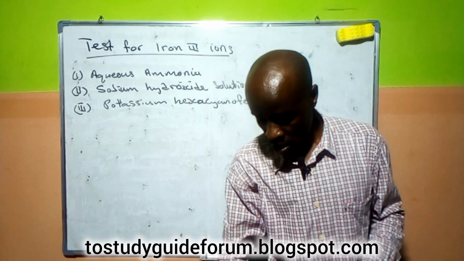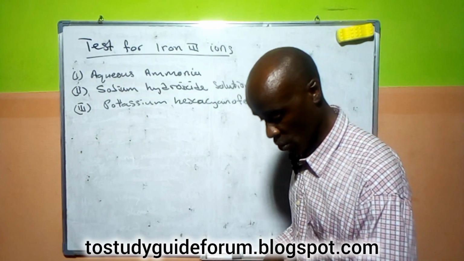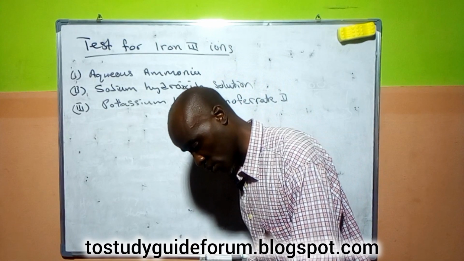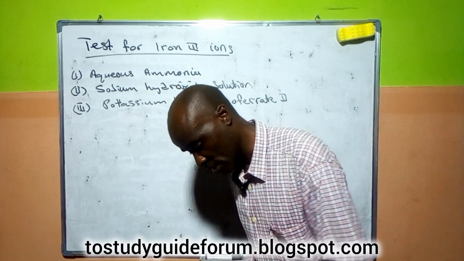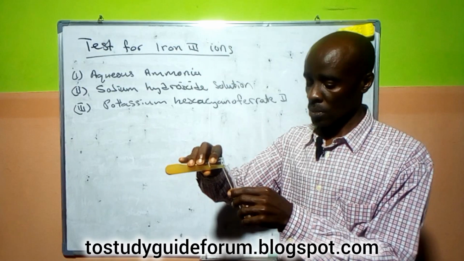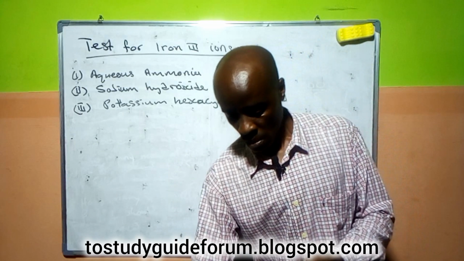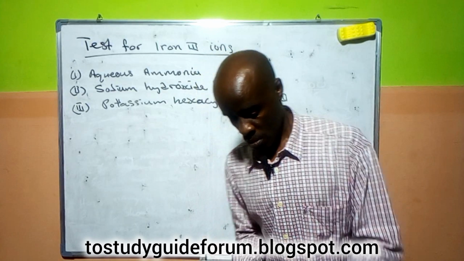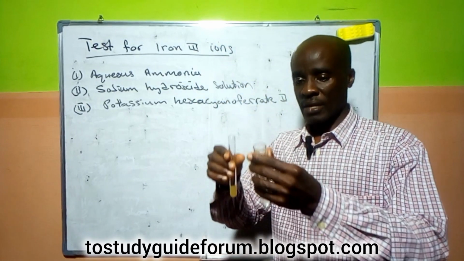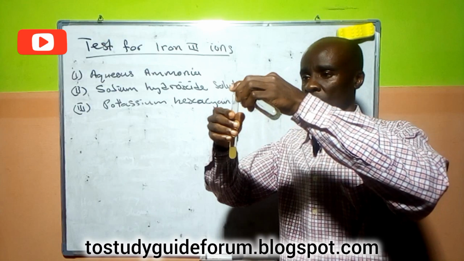Brownish precipitate. Now, the next one we're going to be doing is sodium hydroxide solution. With sodium hydroxide solution, we're going to find out what we're going to get. We add a small quantity of sodium hydroxide in drops.